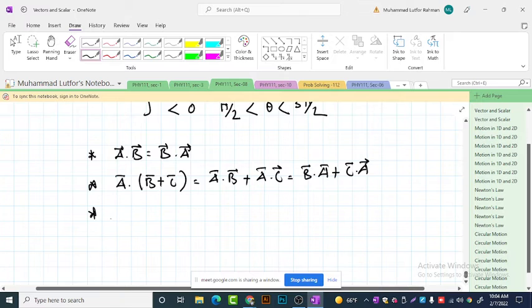We can write one more case: m into a, where m is a scalar quantity multiplied with the vector a, and another scalar quantity n multiplied with the vector b, then I take the dot product of these two. If I take that, I can write the result as m into n into a dot b, the same.